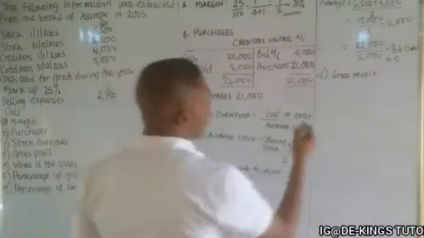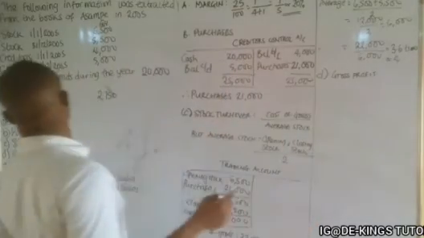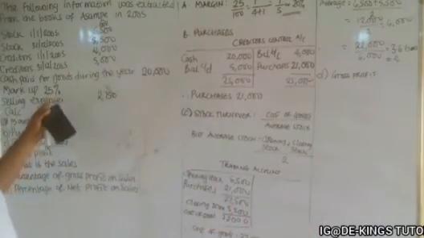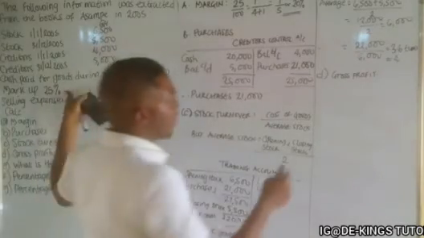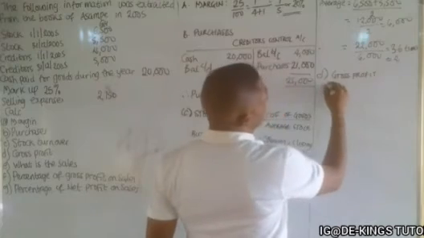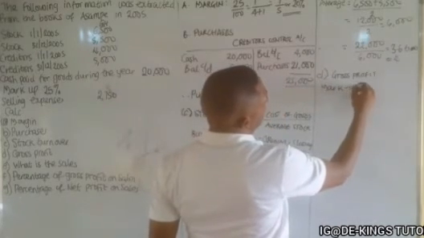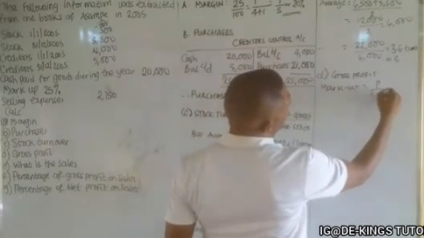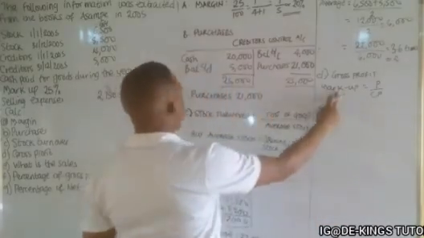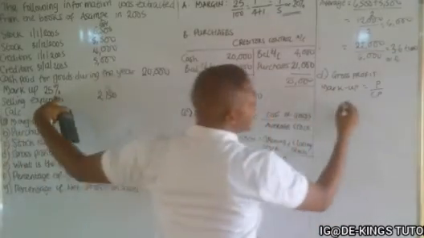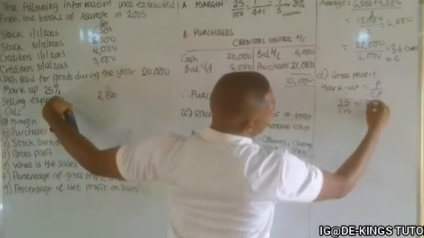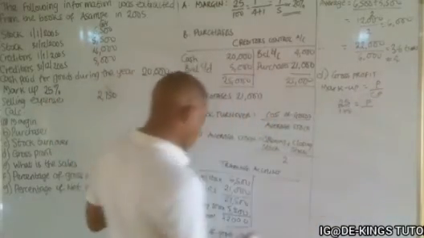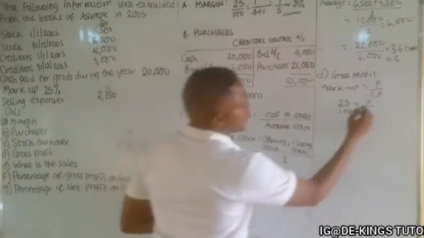The markup is the relationship between profit and cost price, so markup is profit over cost price. Markup is already given in the question as 25%, which is 25 over 100 equals profit, unknown, over our cost, which we solved as 22,000.